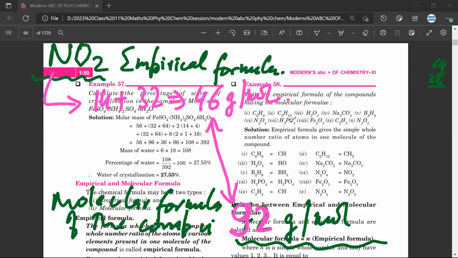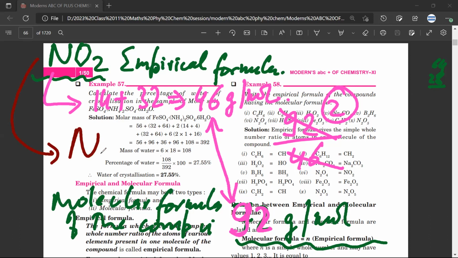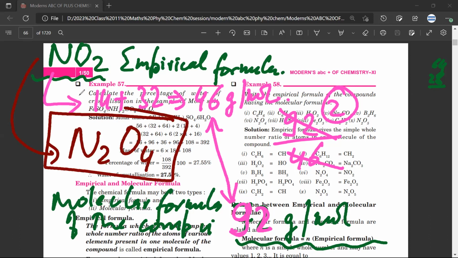And what I also understand is that 92 divided by 46 is 2. So the ratio is 2. And this is the ratio with which both sides have to be multiplied so that the molecular formula becomes N2O4. Is it making sense now? Yeah.